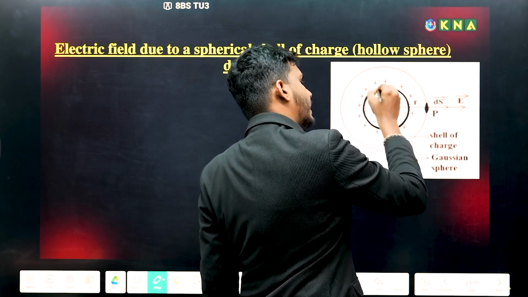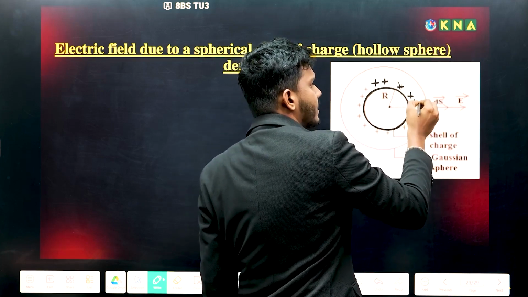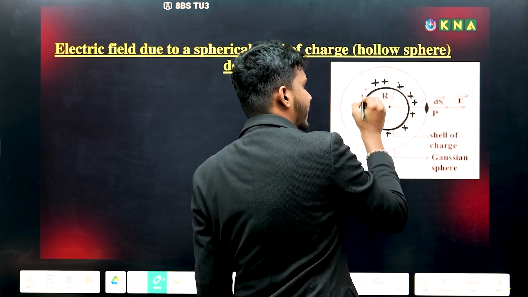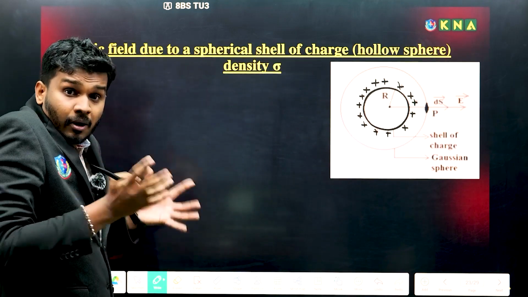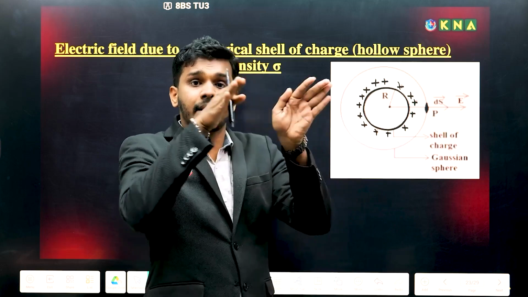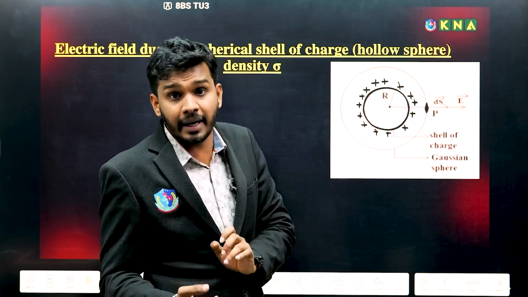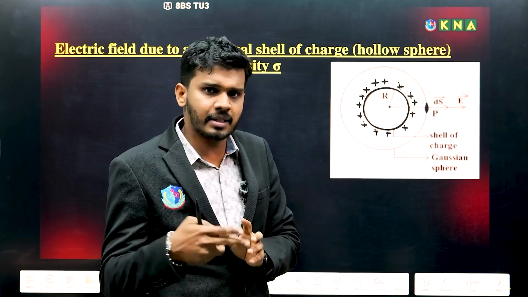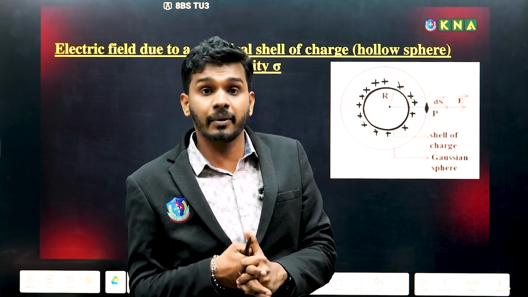Here there is a spherical shell, and some positive charges are distributed on it. A spherical shell is a hollow sphere. In a hollow sphere, charges are always distributed at the surface. But in a solid sphere, charge may be distributed at the surface or inside all over the sphere. That has two conditions. But in a hollow sphere, charge is always distributed on the surface.